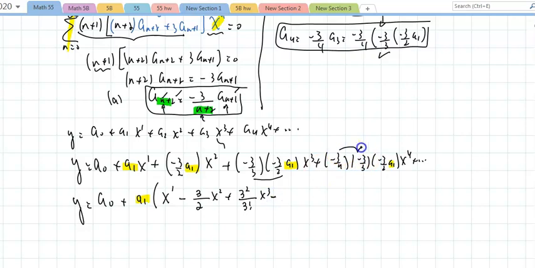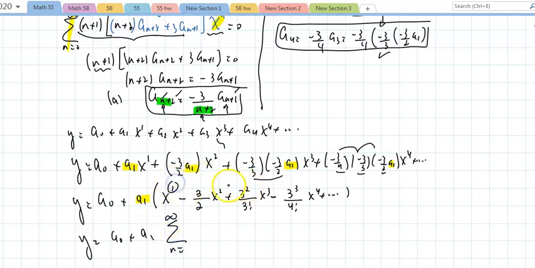minus 3 times 3 times 3 is 3 cubed. That's why we don't simplify. 4 times 3 times 2 is 4 factorial x to the 4th, and the list goes on. So I could say that y equals a sub 0 plus a sub 1 times the series n equals 0 to infinity.